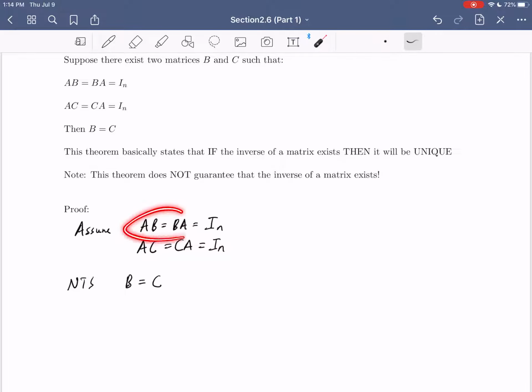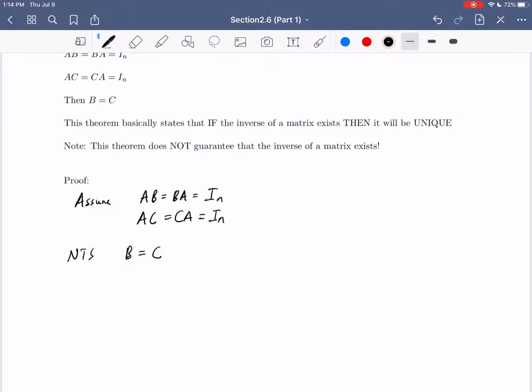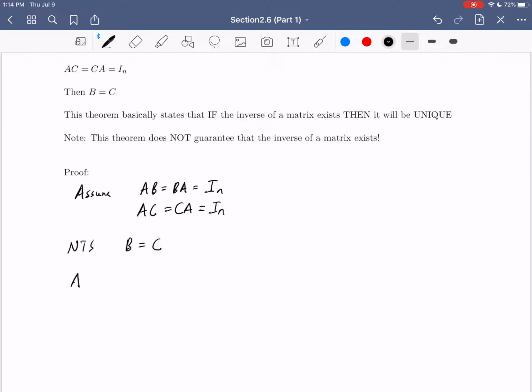So let's start with one of these suppositions. Maybe let's say that AB is equal to the identity. We know that we can start with that. Let's then multiply both sides of this equation by the other matrix that we're trying to involve here.